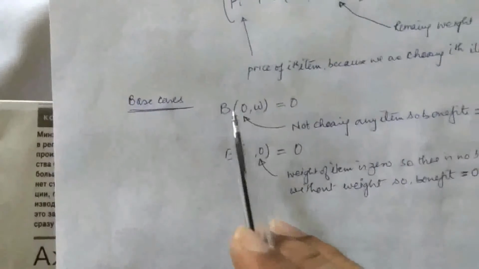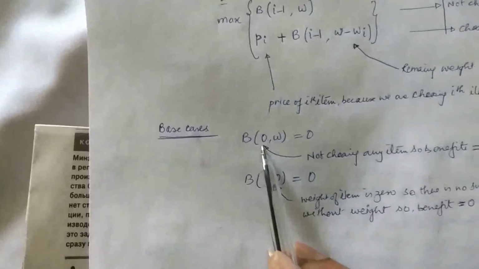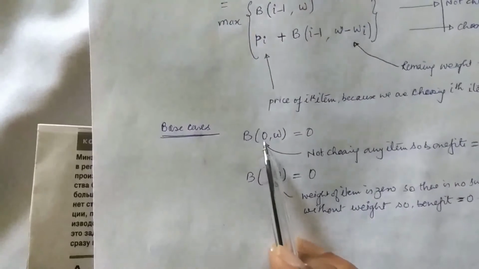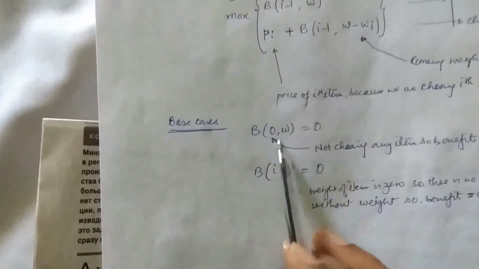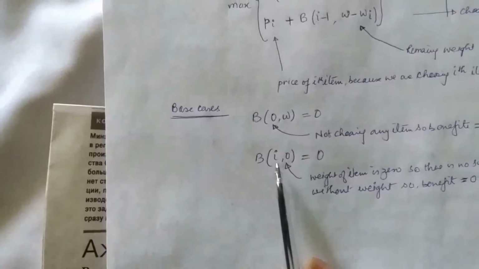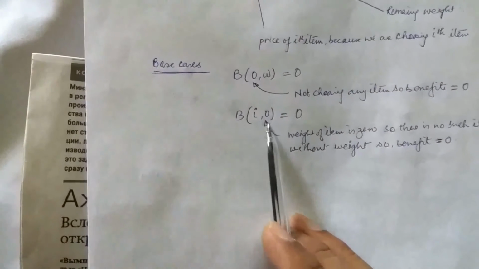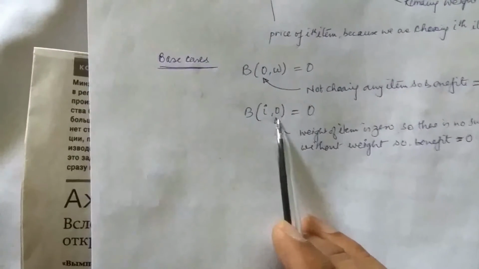So if you remember, what is our base case? If we don't have any items and we are taking benefits, it will always be 0, because we are not choosing any item if there is no item. Or if we have items but there is no weight, right?